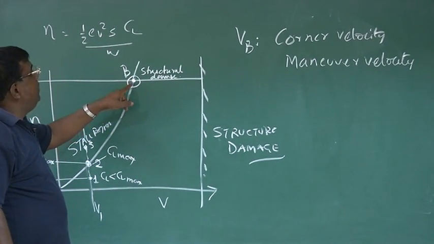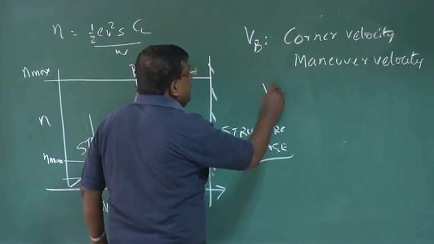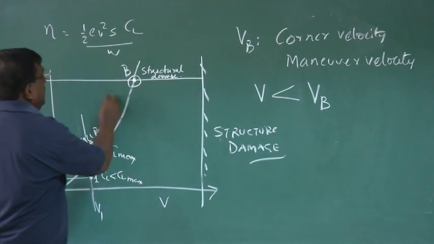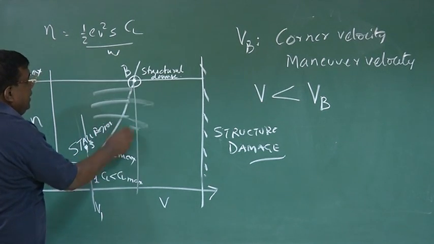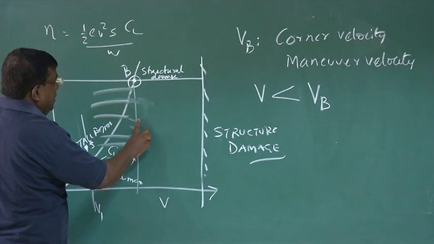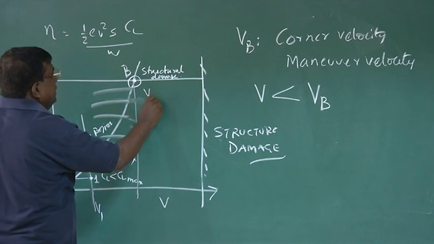What is so unique about this point? You could see if the speed of the airplane is less than VB, that is if I am flying somewhere here, this is what I call VB.